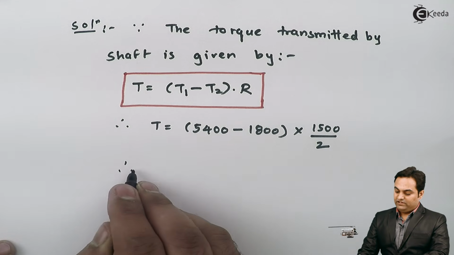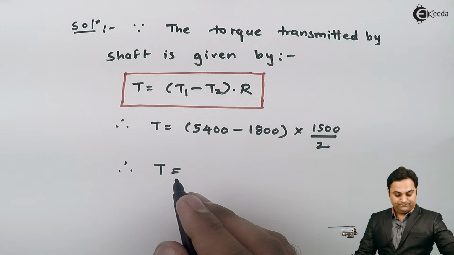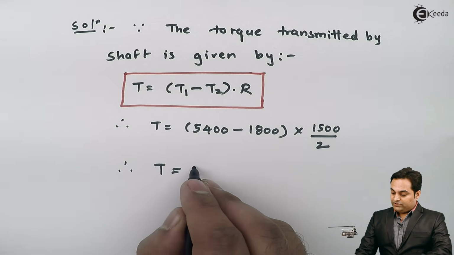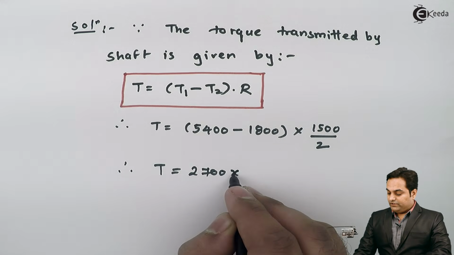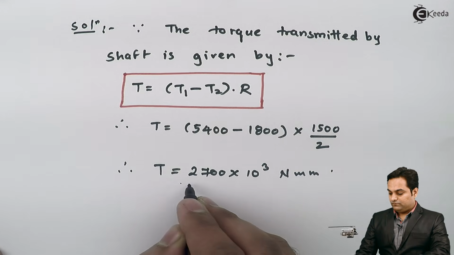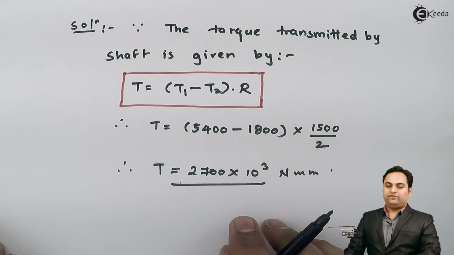From this I will get the value of torque, and my answer is 2700 into 10 raised to 3 Newton millimeters. This much is the amount of torque which is transmitted by the shaft.